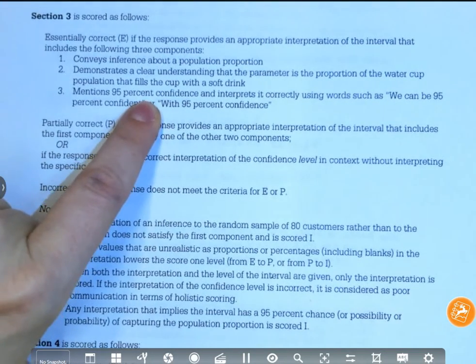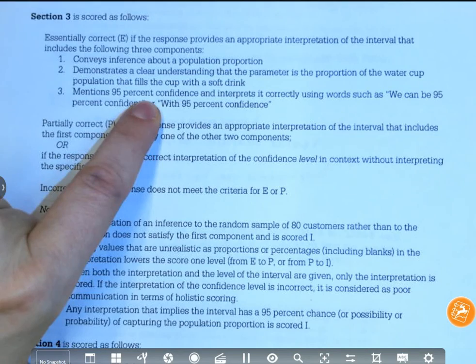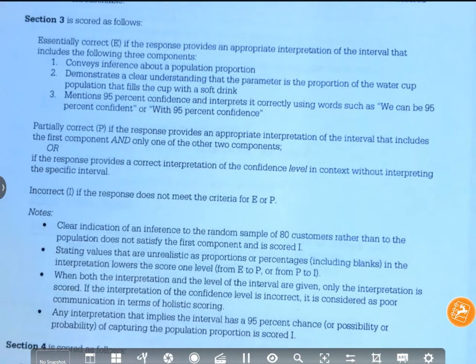Mentions the 95% confidence and interprets it correctly using, we can be 95% confident or with 95% confidence. You see, that is over there for my interpretation. That interpretation ticks off each and every piece for my confidence interval. Okay, the blue, the pink, the green, all of that in that statement.